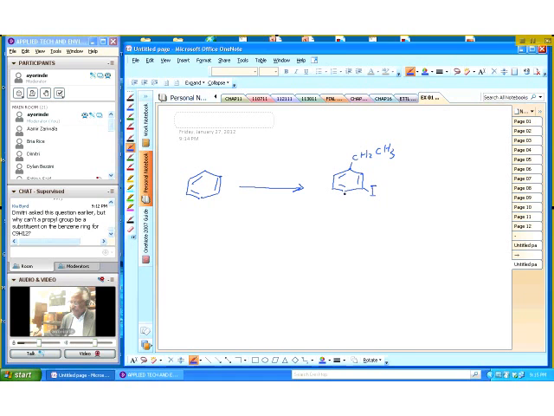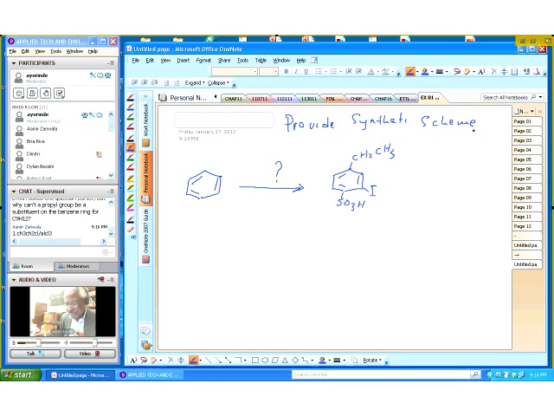And then we have iodine here, and then we have right here. Provide a synthetic scheme. Keep in mind, when we say give the synthetic scheme, you don't need to give the mechanism. So how do we go about doing this?